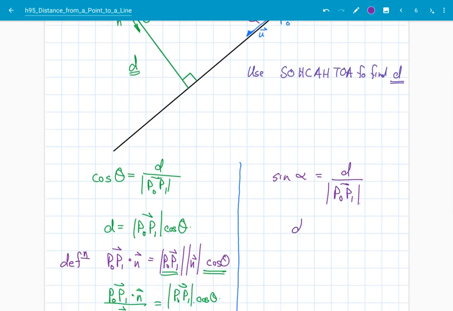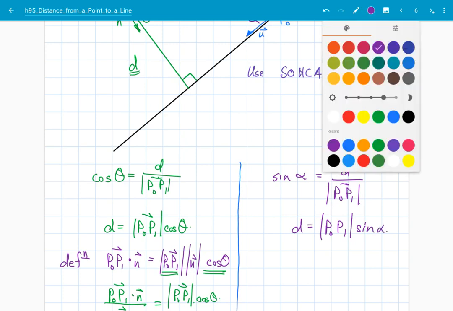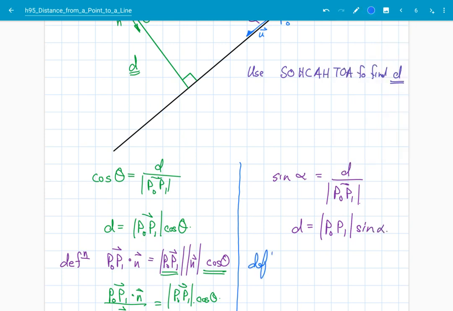But before we get there, we'll solve this for D. By definition, the magnitude of P naught P1 crossed with the direction vector U is the magnitude of P naught P1 times the magnitude of U times sine alpha.